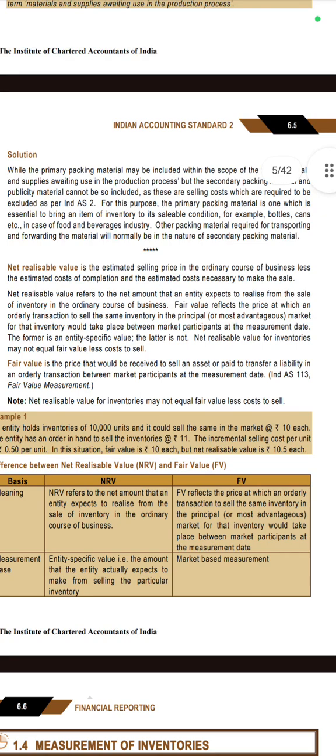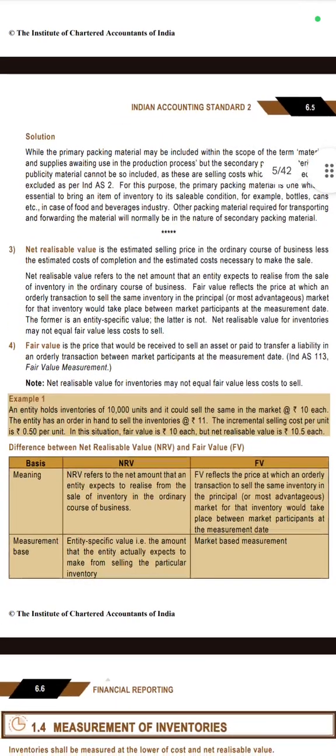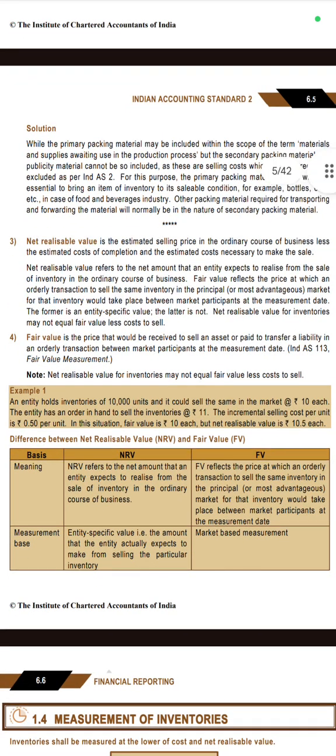There is also a concept called fair value. Fair value is the price that would be received to sell an asset or paid to transfer a liability in an orderly transaction between market participants. We have a separate Ind AS, 113, where we will discuss fair value in more detail.